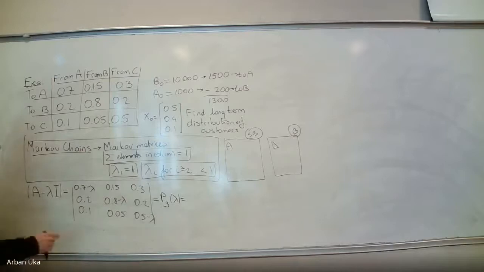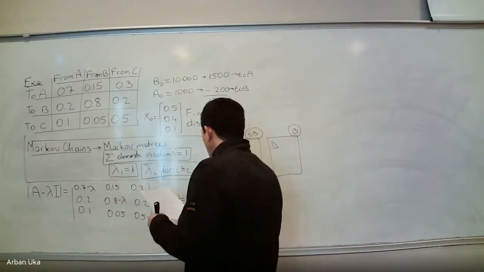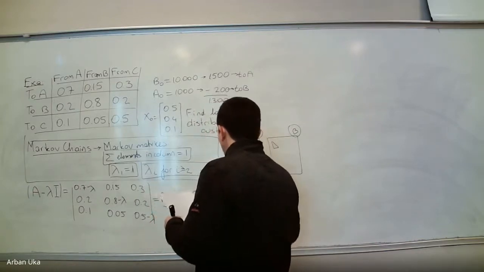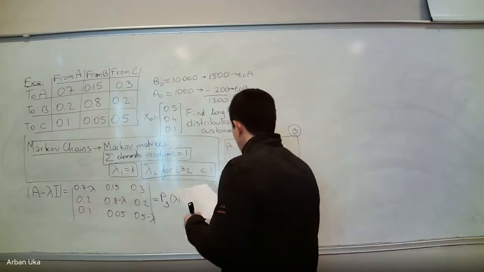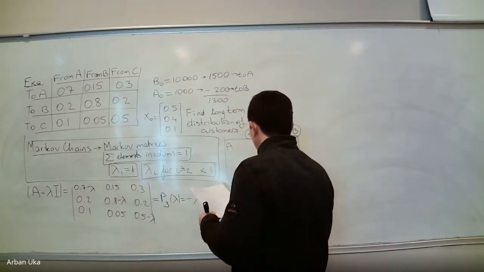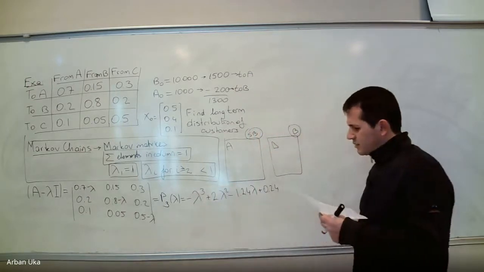If we multiply all of the diagonal terms, we're going to get a lambda cube term. So if we write this one here, we're going to get minus lambda cube plus 2 lambda squared minus 1.24 lambda plus 0.24. So this is the polynomial.